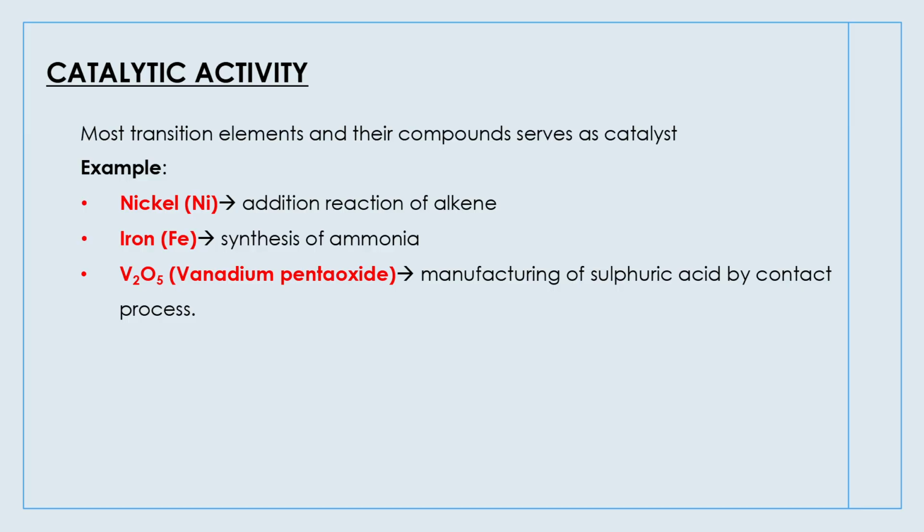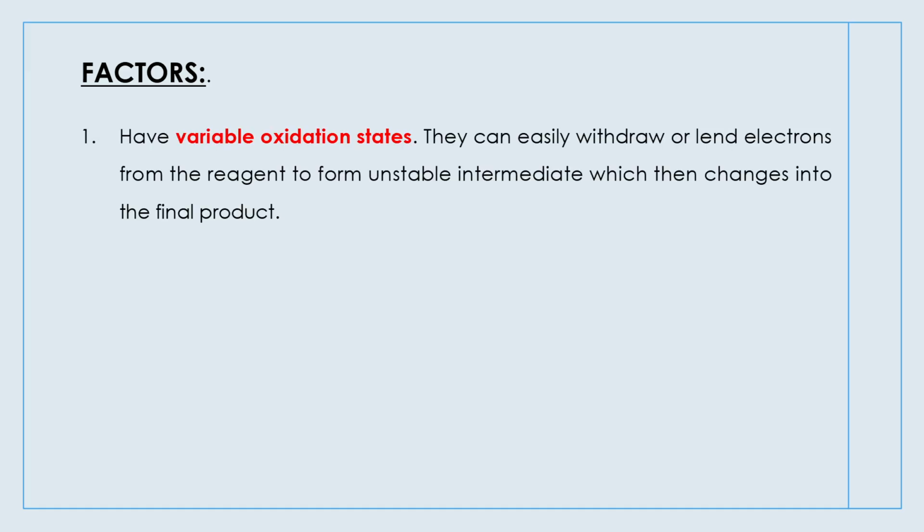What causes this catalytic behavior of the transition elements? There are two factors that make them function as the catalyst. The first one is that they have variable oxidation state.